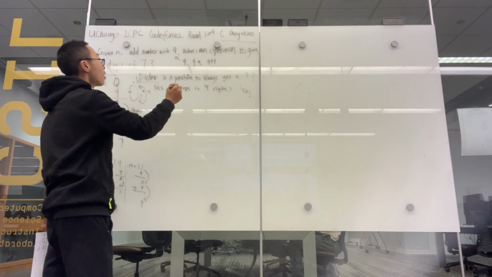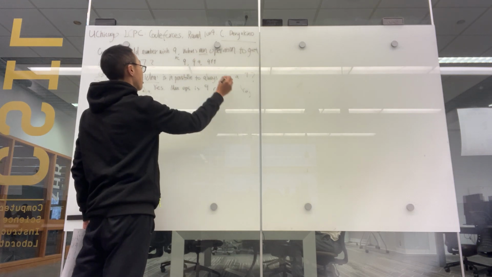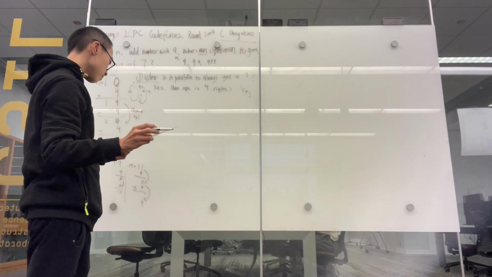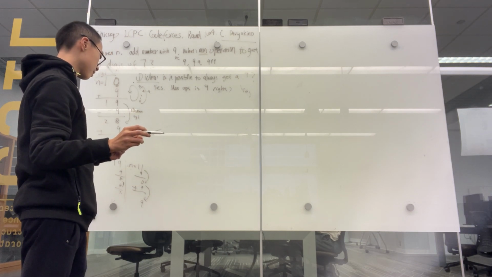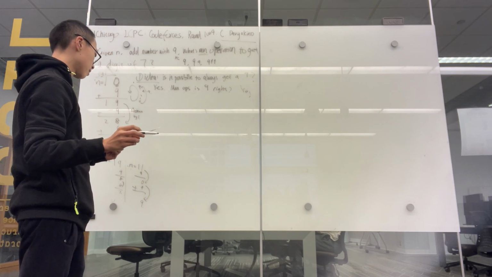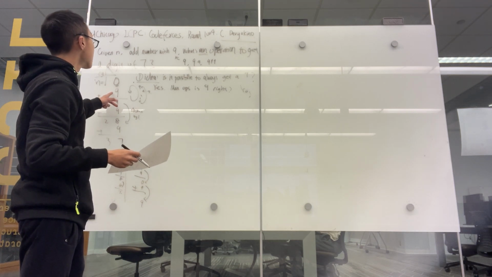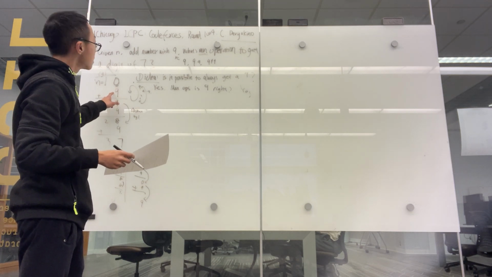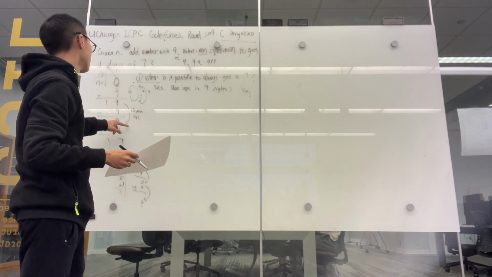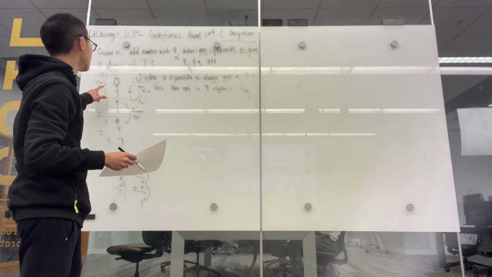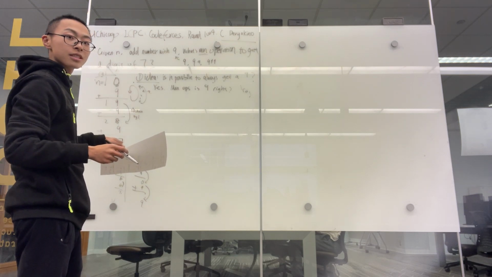So now we just need to find the minimum operations to get a 7. As you can see, for the last digit, we can decrease it by 1. But what about the other positions besides the last position?